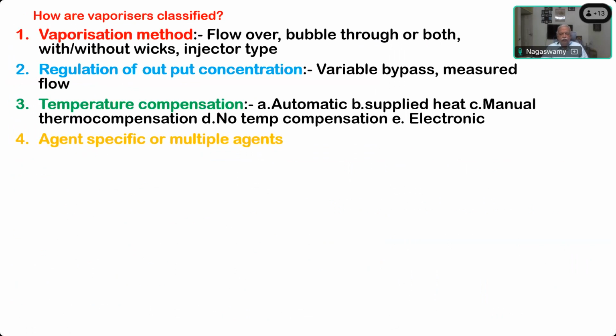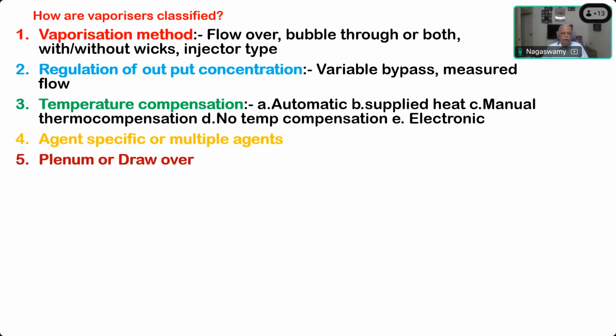Of course, none of you, even I, have not seen an enflurane vaporizer, but this is a very common tricky question asked in the viva also. Can you use halothane in an enflurane vaporizer? Think about it and tell me before the end of the class, otherwise I'll tell you the answer later.